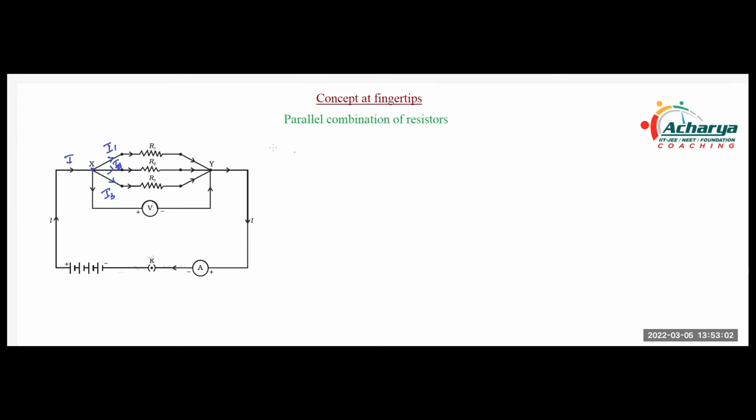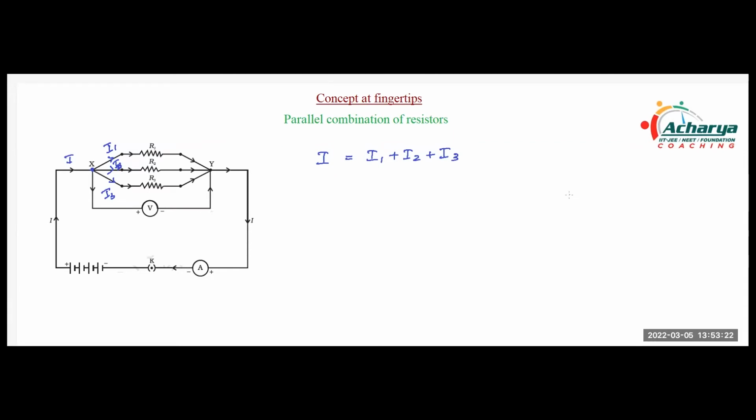So we can see that the total current I is getting divided into I1, I2, and I3. So I1 plus I2 plus I3 will be the total current I.